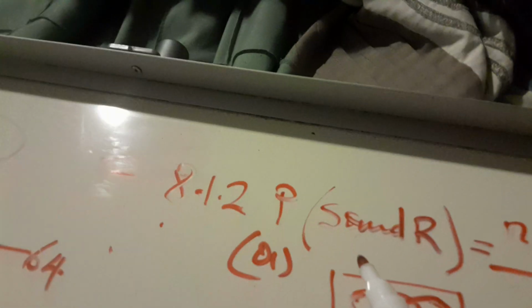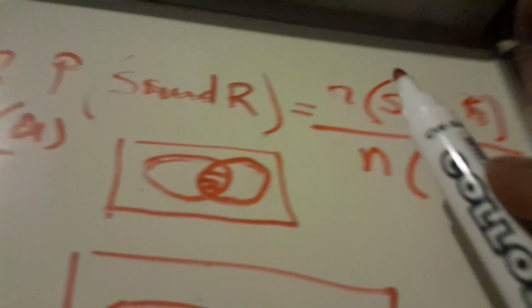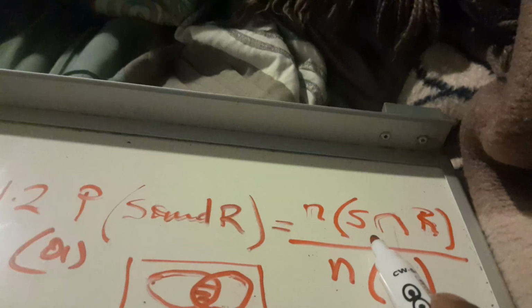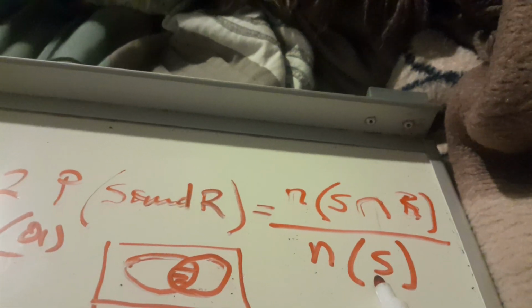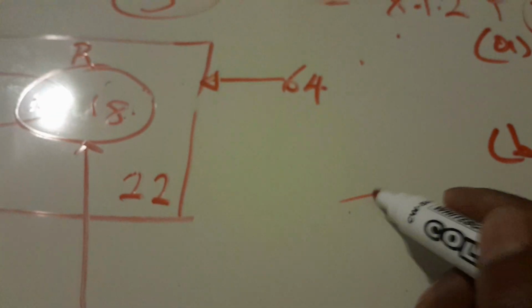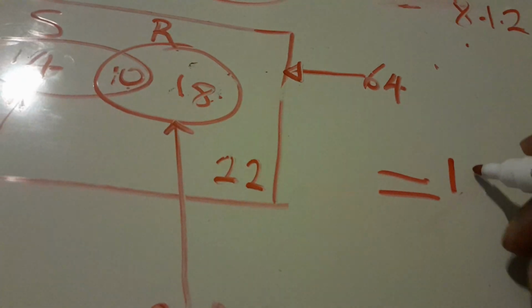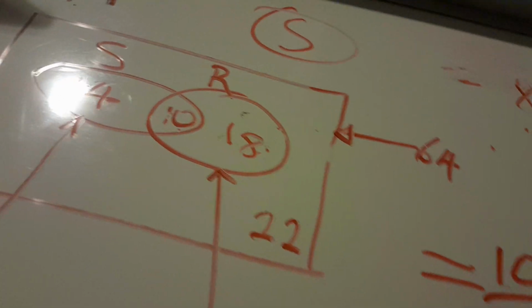So the probability for those who are playing soccer and rugby is going to be equal to the number who play both divided by the total in the sample space, which gives you 10 out of how many? 64.